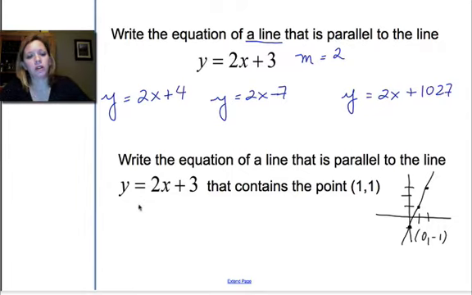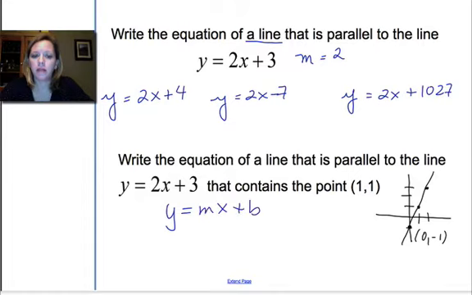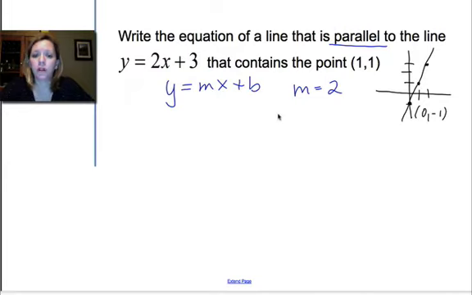We start with the fact that my equation has to have the form y equals mx plus b. In order for it to be parallel to this line, I know that m must equal 2. I also know that when x is equal to 1, y must also be equal to 1, because it goes through that point.